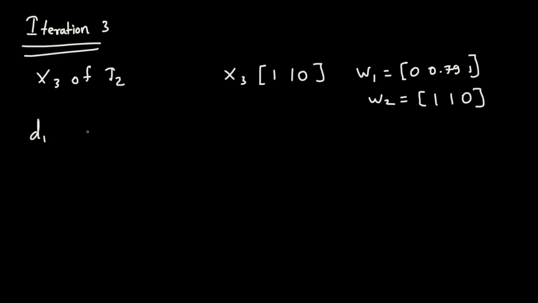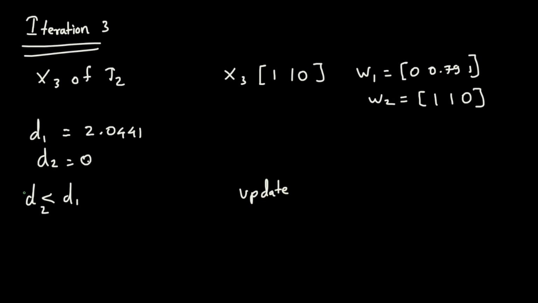And then if you calculate that value, you are going to end up getting 2.0441. And then for the D2, what you do is you calculate 1 minus 1 square plus 1 minus 1 square plus 0 minus 0 square. So here the whole thing is going to be 0. So now you compare which one is smaller. D2 is definitely smaller in this case. If D2 is smaller than D1, then we have to update W2.